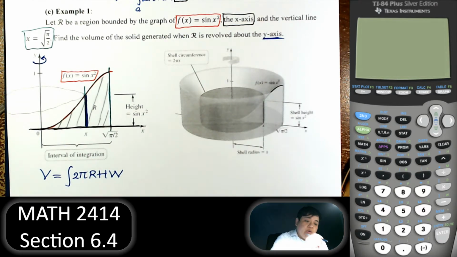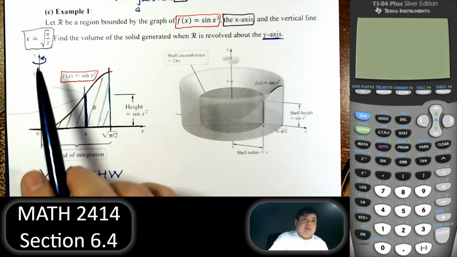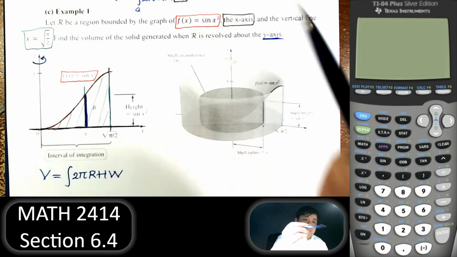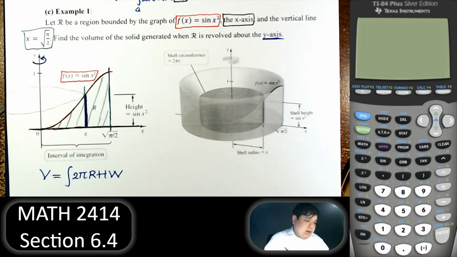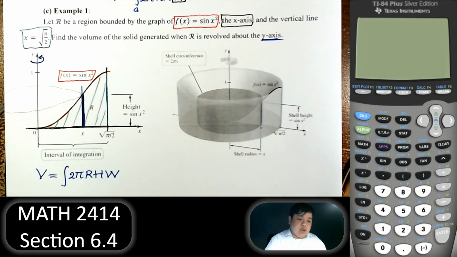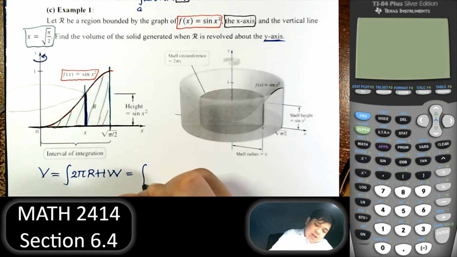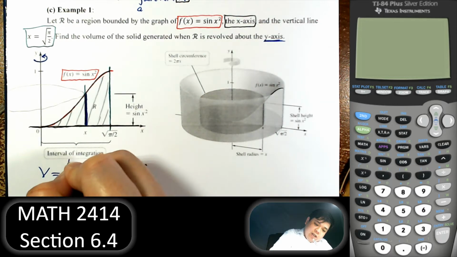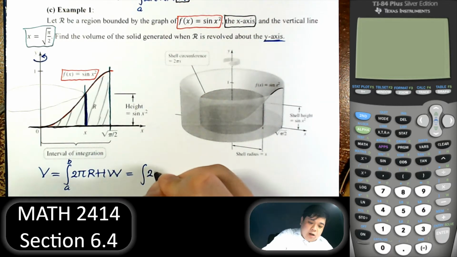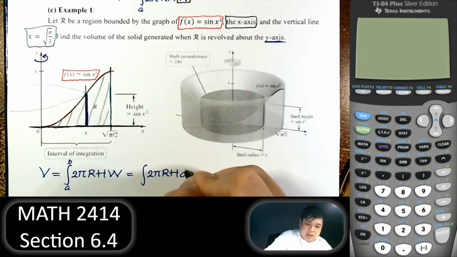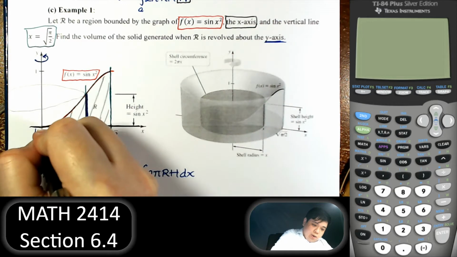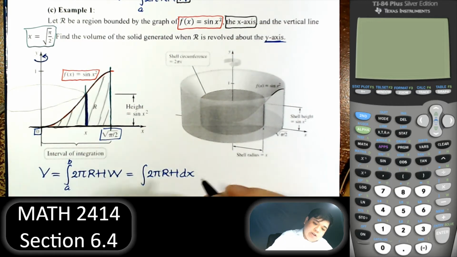Now this one we know for sure, like I said, this first one we just use dx. Later on we will develop a more general sense of dx or dy, but it's going to be dx. So 2 pi R H and then dx. Now the x values go from 0 to square root of pi over 2.